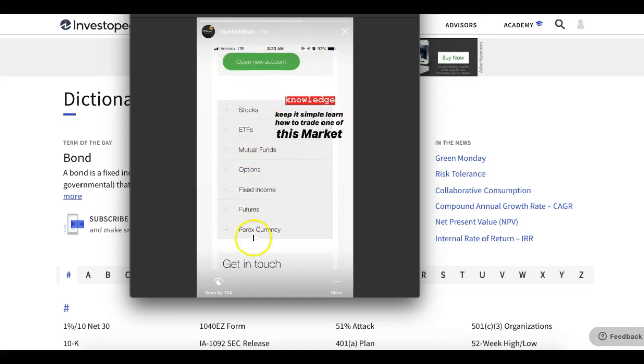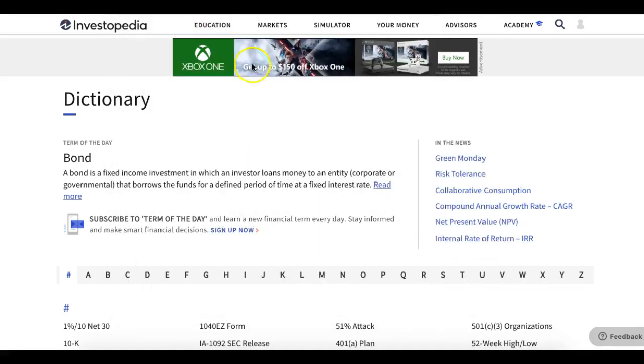These are all the different markets that you can learn about. You can learn about stocks, ETFs, mutual funds, options, fixed income, futures, and Forex, which is the currency market. A lot of people trade the Forex market, especially people that might not have access to the US stock market. You can trade your country's market.